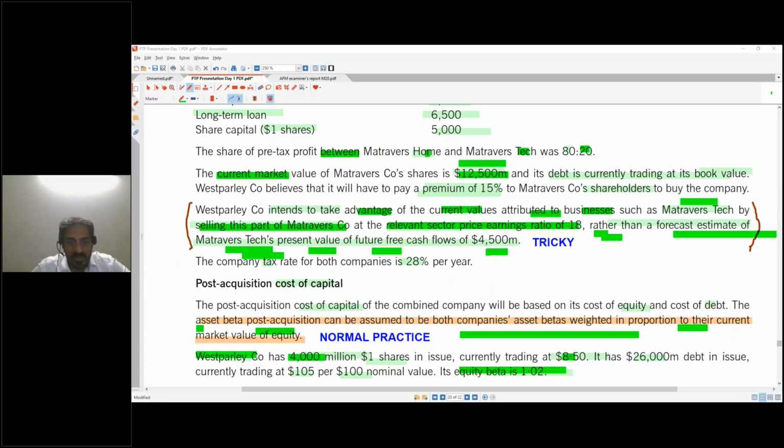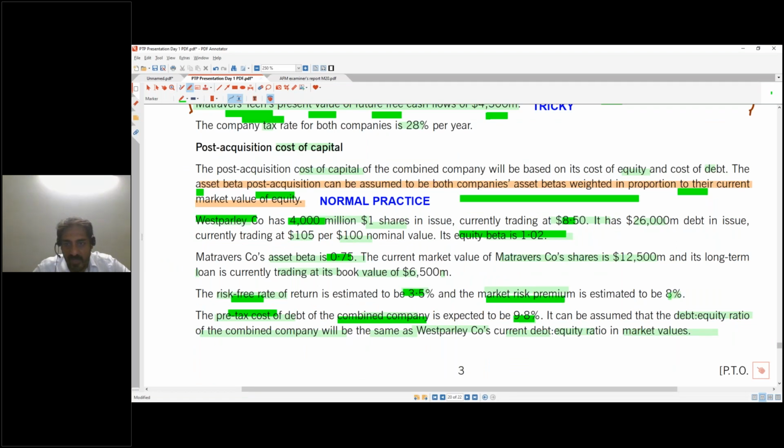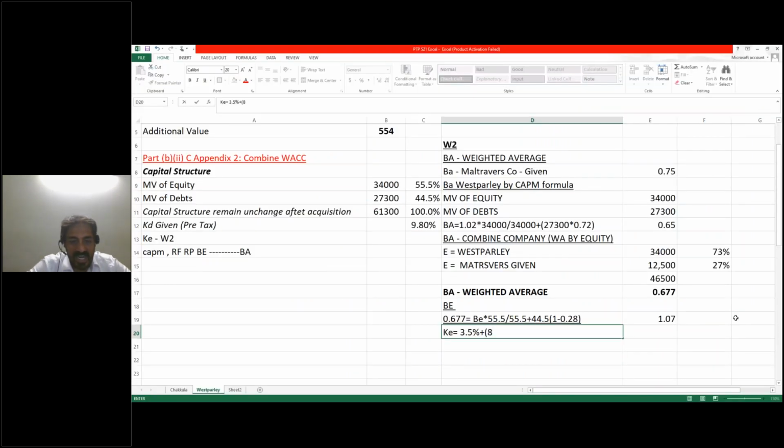I think it's 3.5%. 3.5%, and risk premium 8%. 3.5% plus 8% minus 3.5%, multiplied by 1.07.